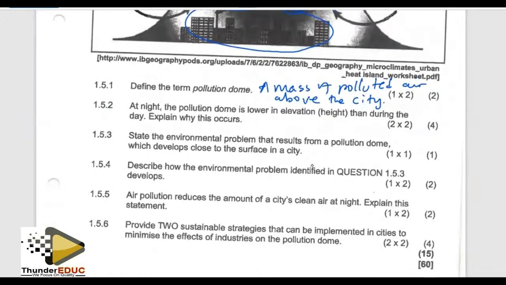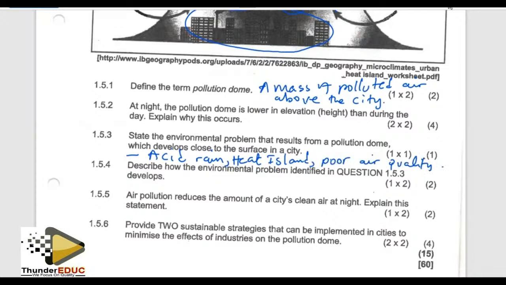As well we know, there might be acid rain forming, and as well we'll talk about the heat island and poor air quality.